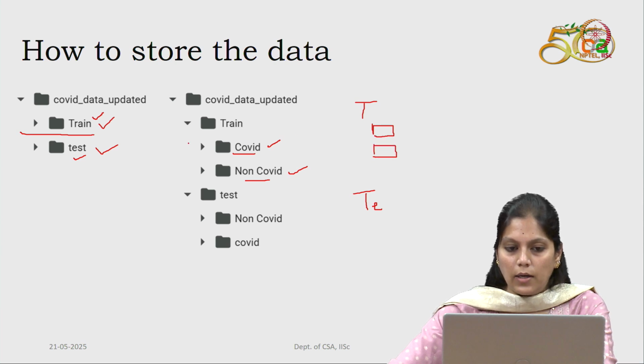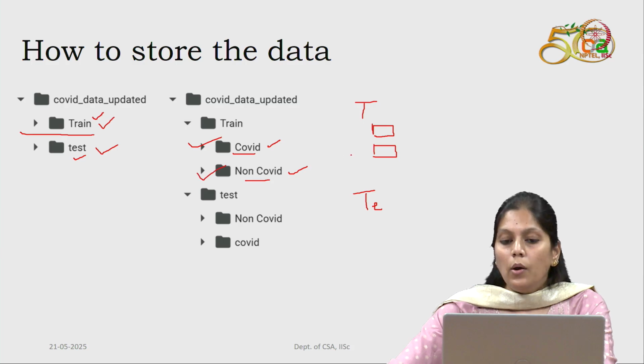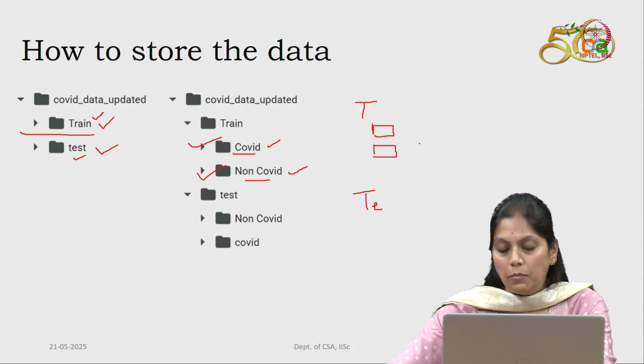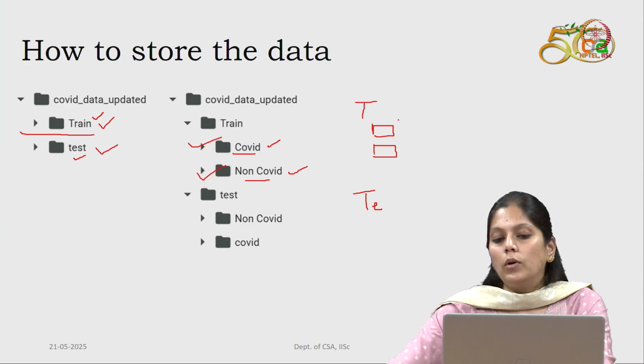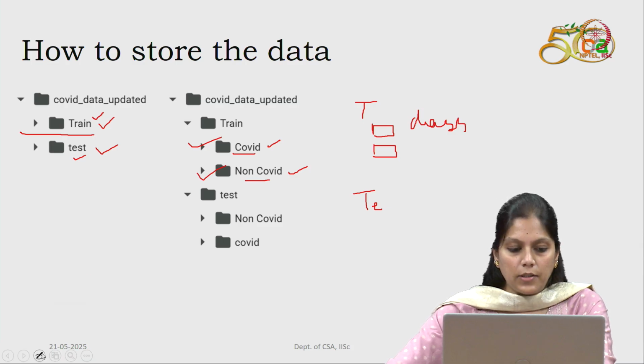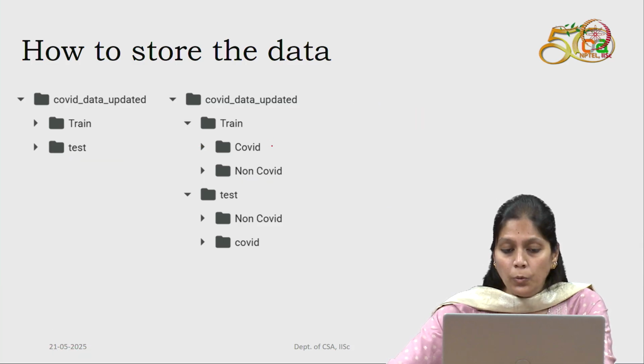Here the subfolders are COVID and non-COVID. In general, you can have any number of subfolders. Those subfolders define the classes, the most important concept. Here the number of subfolders is 2, therefore it is a binary classification.